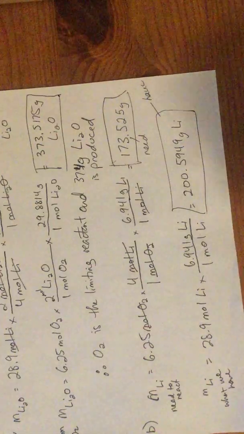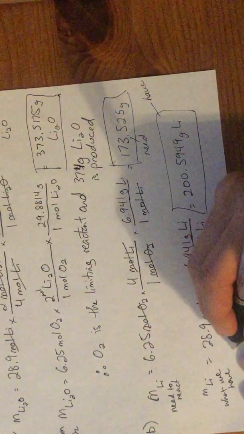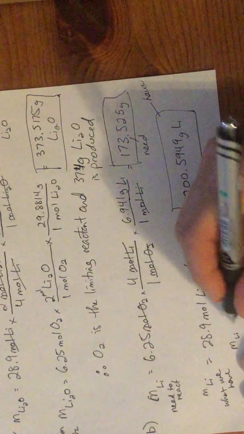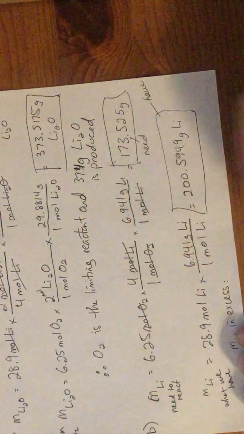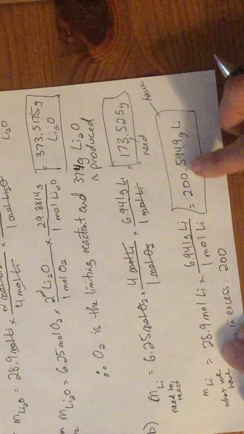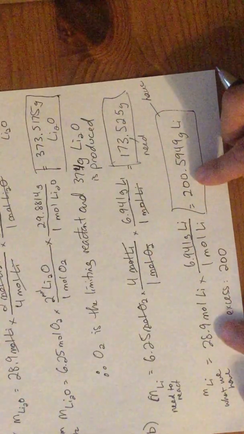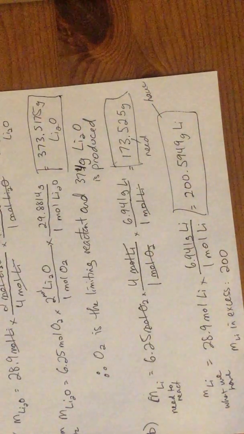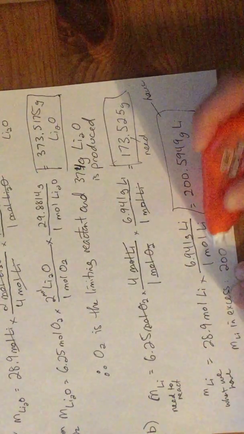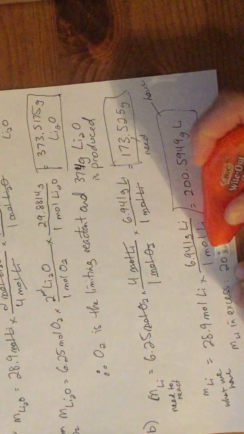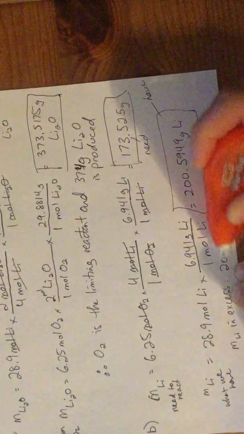And then all we have to do in the end is subtract. So if we're looking at the mass of lithium in excess, I'll round this to 3 significant digits, just because we've got 3 significant digits in here, so it makes it easier for our calculations.